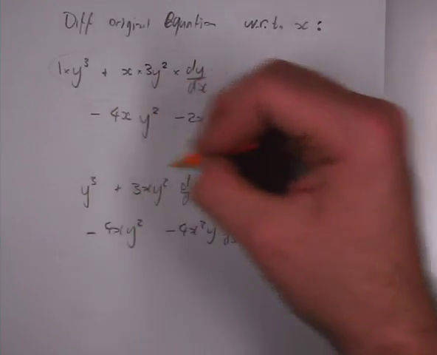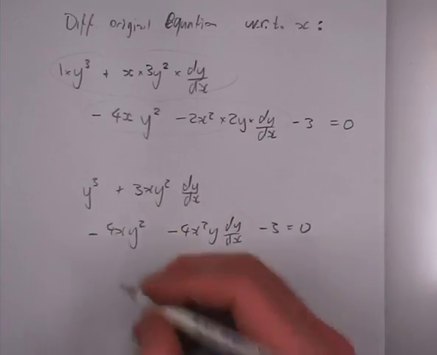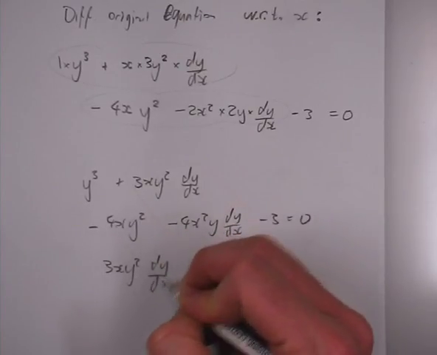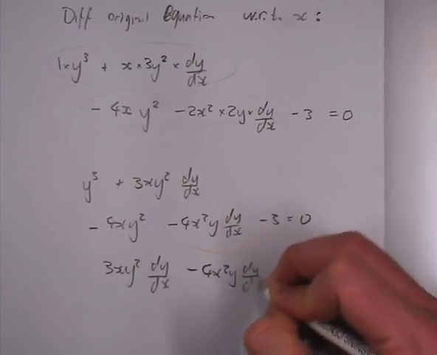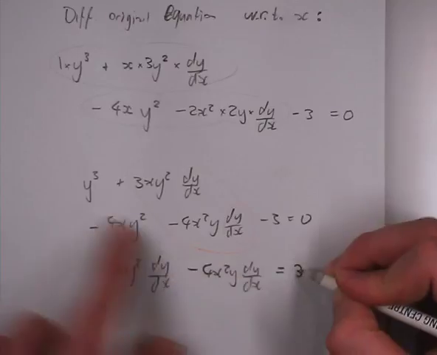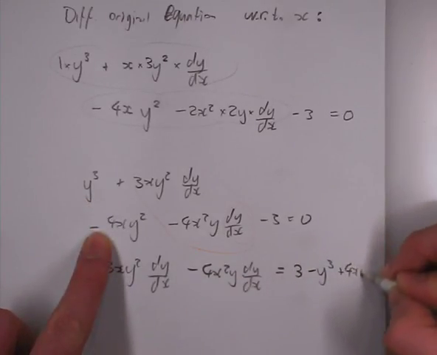So I'll keep everything involving dy on dx over this side and put everything else over there. So I've got 3xy squared dy on dx minus 4x squared y dy on dx is equal to, so that will become a plus 3, that will become a minus y cubed, that will become a 4xy squared.